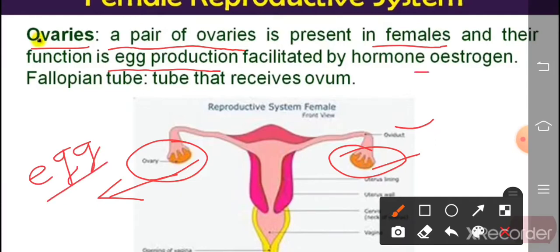Egg production is facilitated by the hormone estrogen. We know that estrogen is the female hormone. This ovary is connected with the fallopian tube, also called the oviduct.